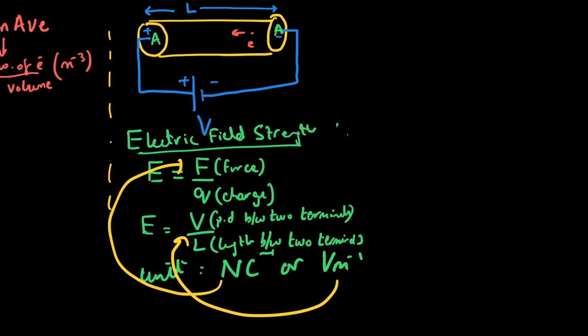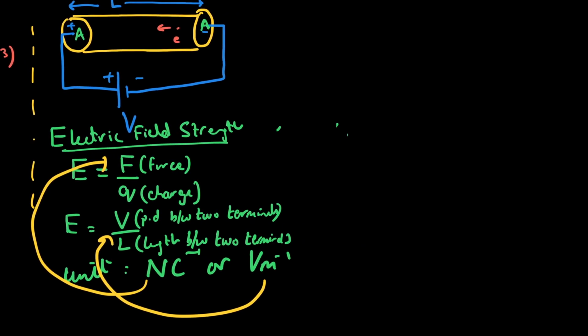Now, considering the same piece of wire, you had also discussed that these electrons are moving in this direction, so there will be a current, and the current will be defined as nAve or nAvq, whatever you are comfortable with.